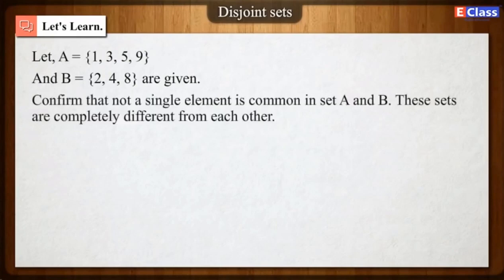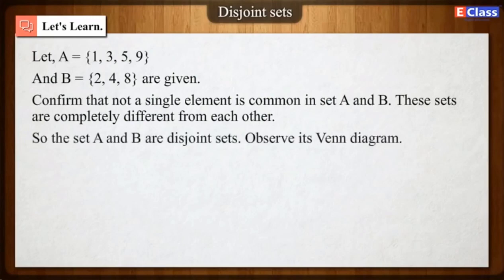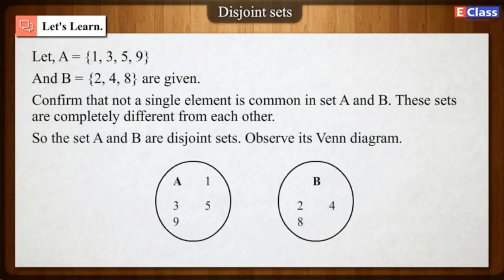Confirm that not a single element is common in set A and B. These sets are completely different from each other. So, the set A and B are disjoint sets. Observe its Venn diagram.